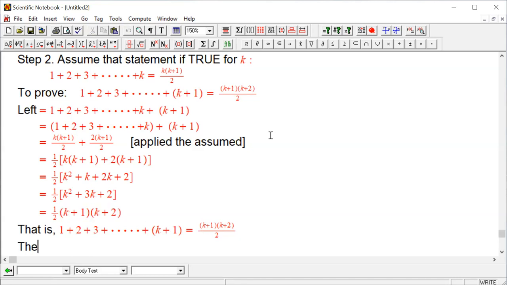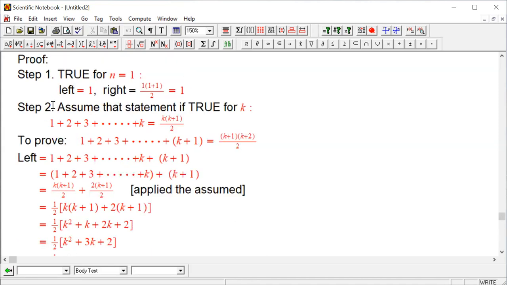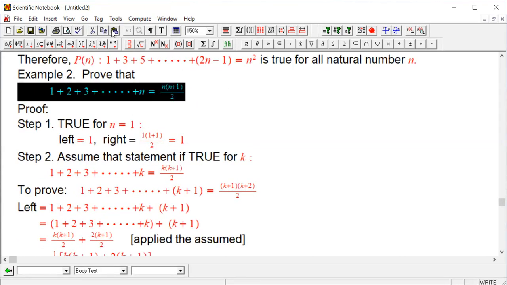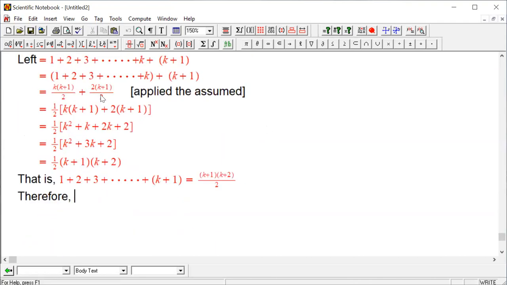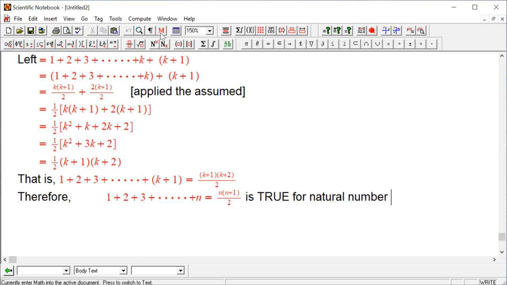Then you can say, therefore, the statement here is true for all natural numbers n. So this is the sum of the first n integers, the sum of the first n natural numbers.